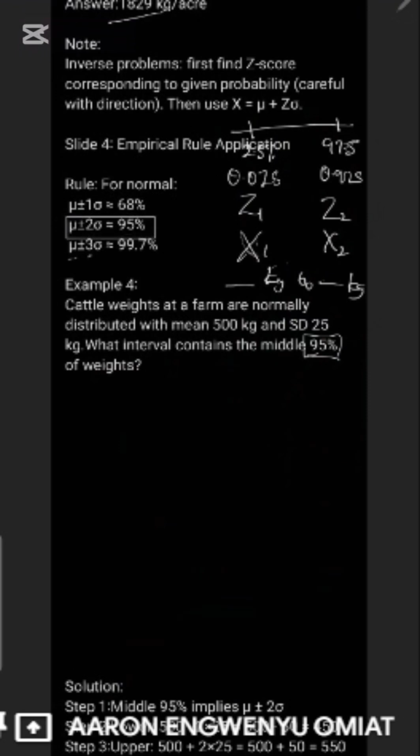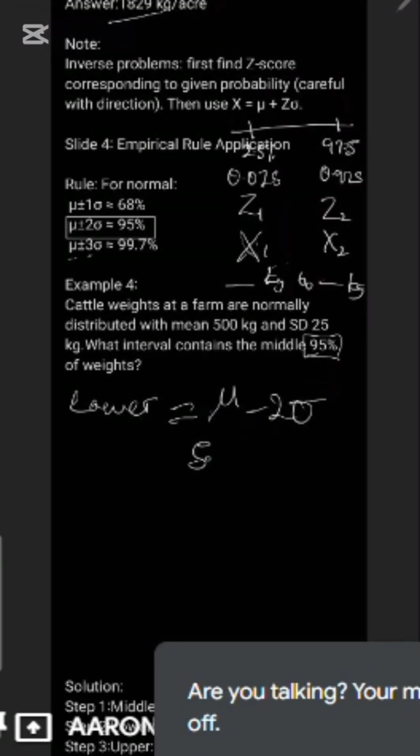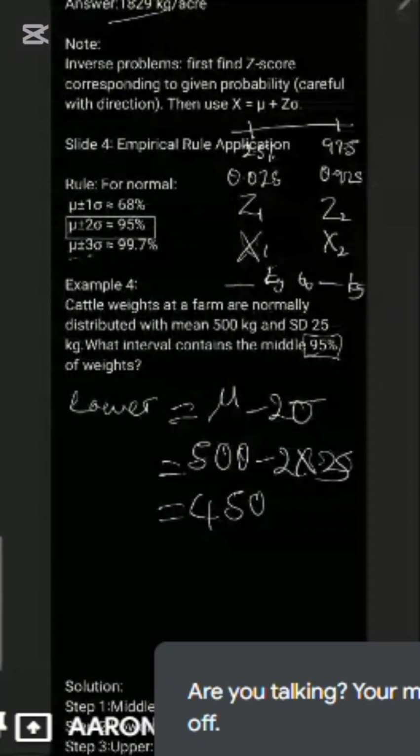So the lower value would be the mean minus 2 sigma. Our mean is 500 minus 2 times 25, which is 450 kilograms.